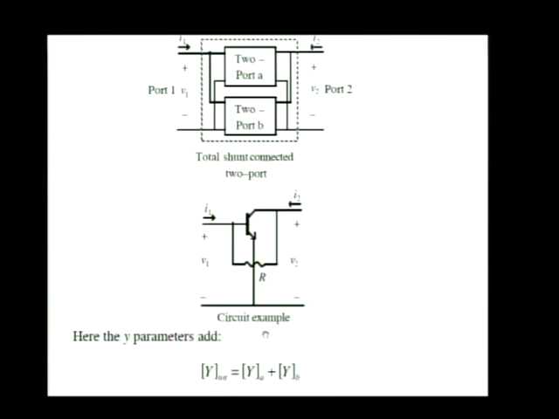And here's a circuit example, a common circuit that can be treated as a shunt connection of a pair of two ports. A transistor, there it is, there's our transistor with a feedback resistor, a resistor that connects the collector of the transistor to the base.